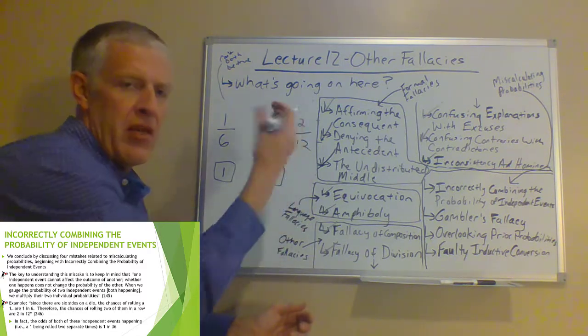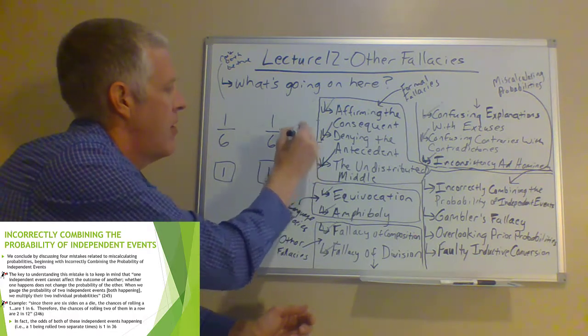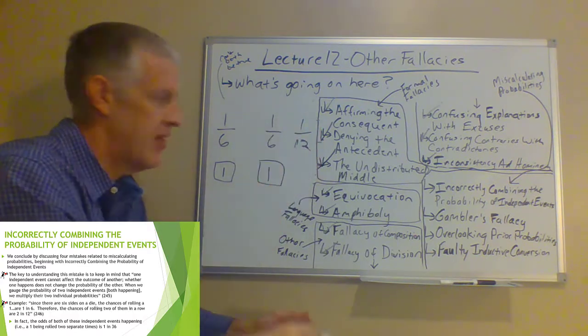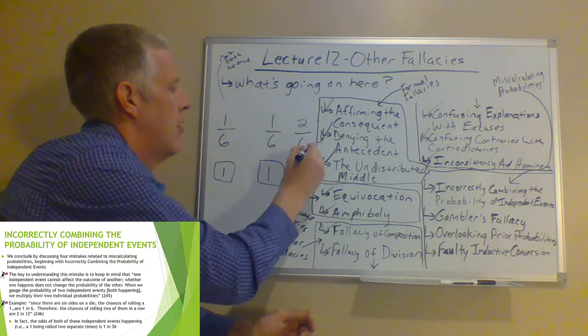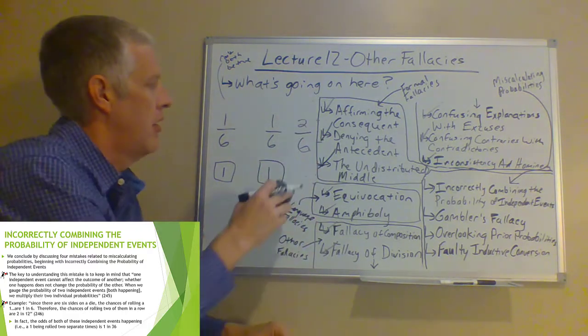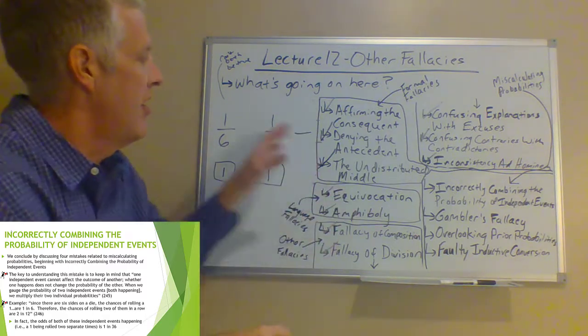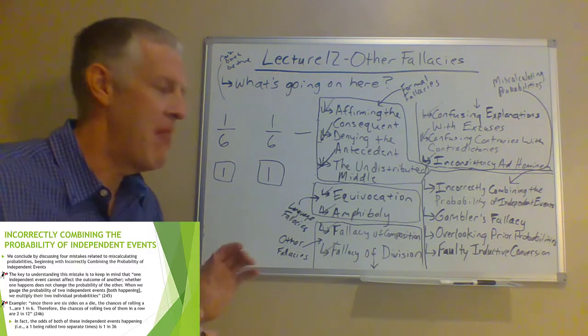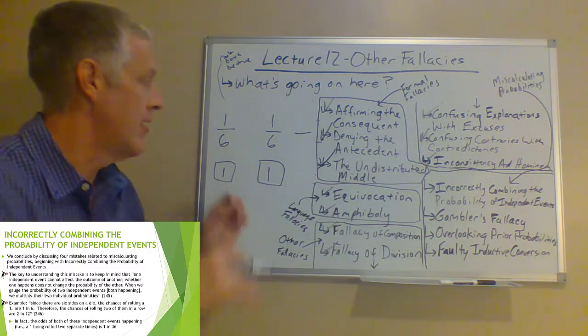No, and it wouldn't matter. Another one of their examples, they added, I think the denominator, but not the top. Well, that's a mistake. Or maybe it was the other way. They added this, but kept this the same. That's a mistake, right? None of those are correct, right? If you did any of that, you would have screwed up the math, right? You would be guilty of incorrectly combining the probability of independent events. Okay?